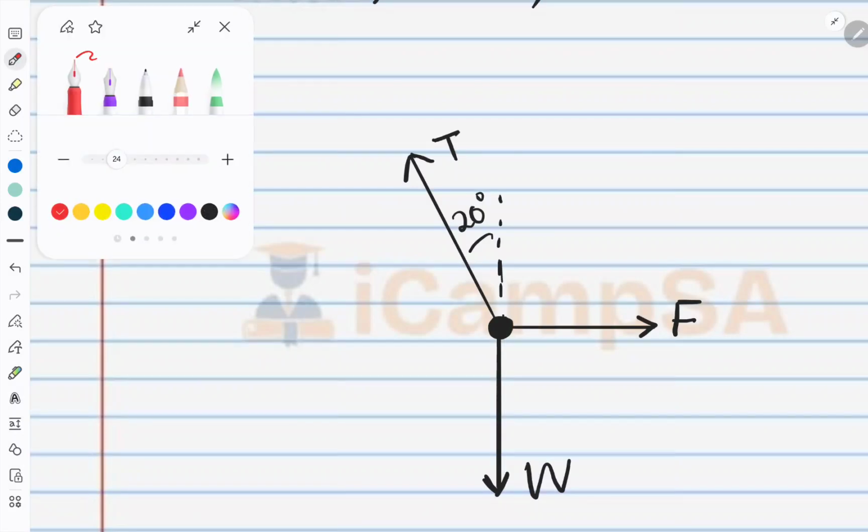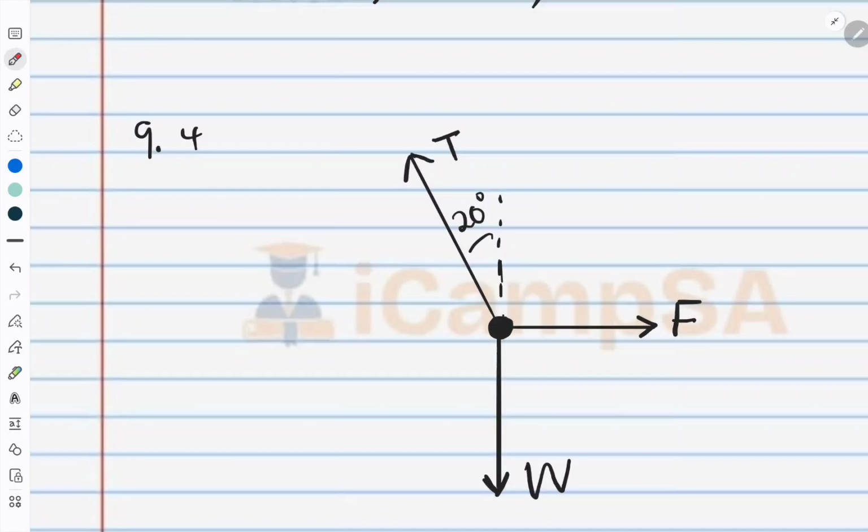So the diagonal force, or rather the tension T, will have components. You will get a parallel component, T parallel, and then you get a vertical component, T perpendicular, or some prefer to call it Ty because it's in the Y, and this can be Tx because it's in the x.